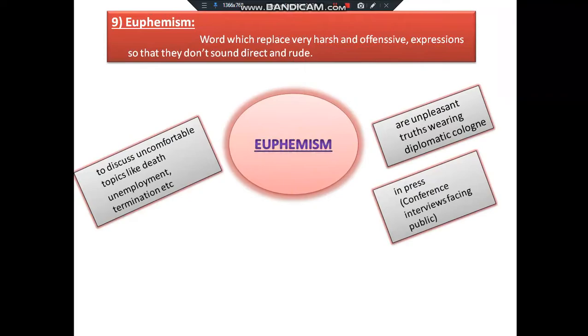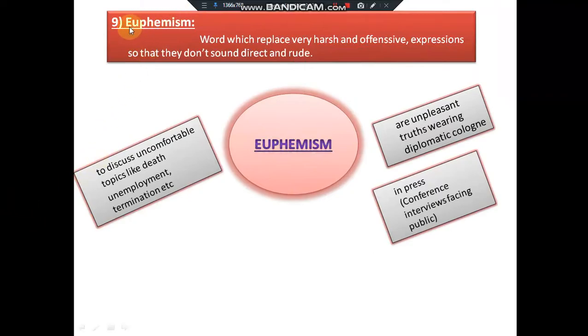For example, Norma, comma, Ali, then comma. This is called apostrophe. It means when you nominate someone, call someone, we also use apostrophe. Done. The next is euphemisms.